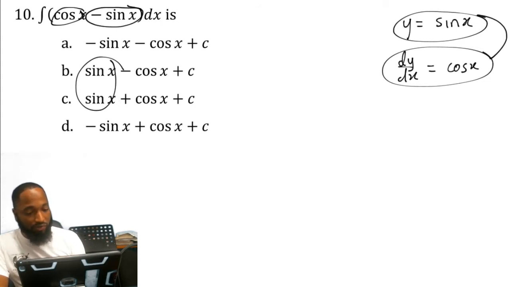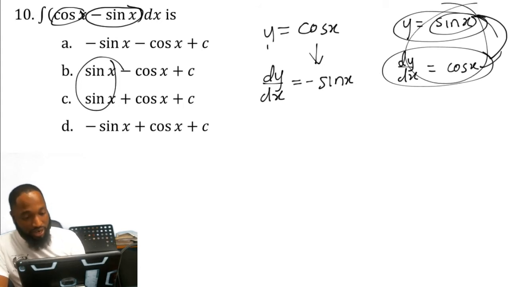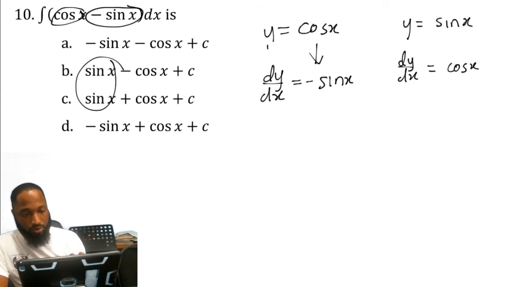Now, remember, if I have sin x and I go forward, I get this. If I have cos x now and I go forward, like y is equal to cos x, and I differentiate, dy/dx is going to be sin x, but the catch now is negative. This is the one that I remember, because I know the sin one is positive, so I just remember this one alone.